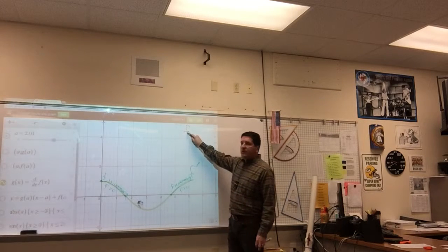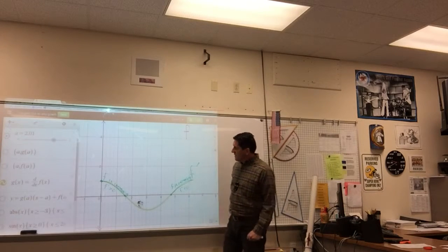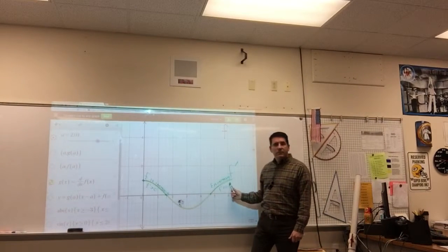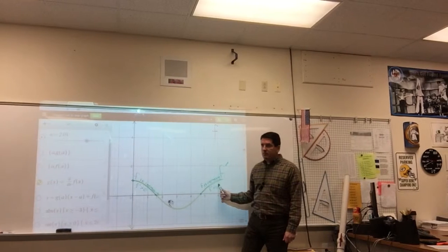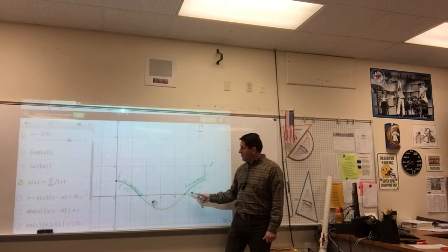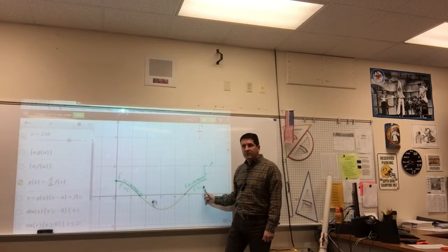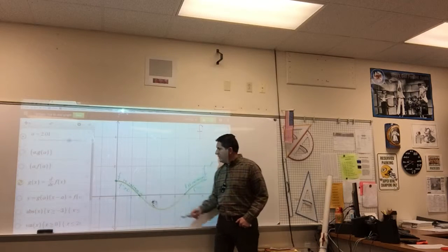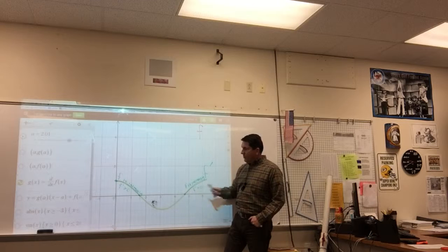So the function, the red one that I'm going to draw, is going up here and here, because f prime is positive. The slope is positive for all of the functions' slopes on both of those two intervals.